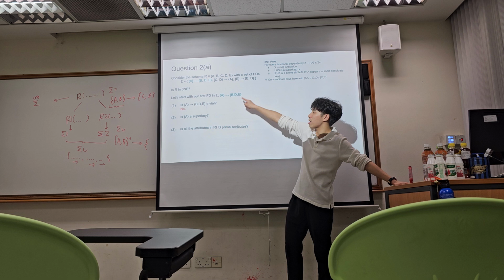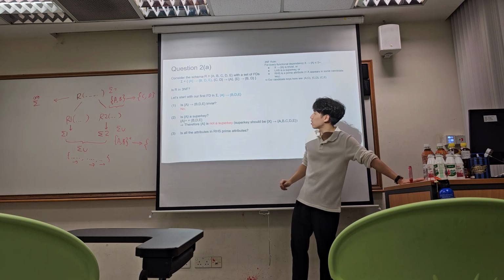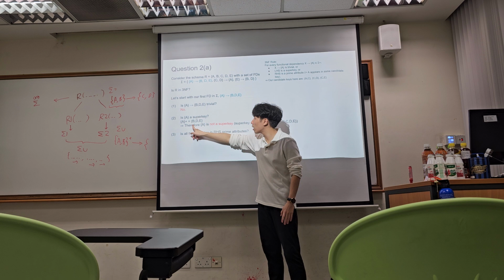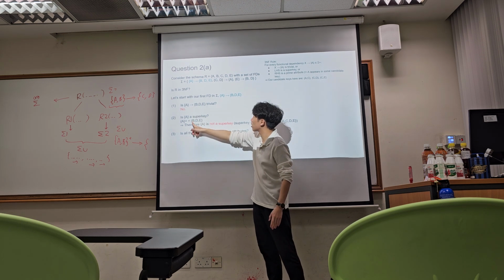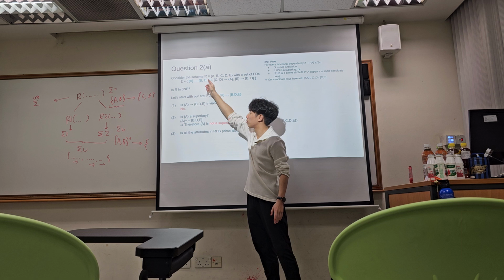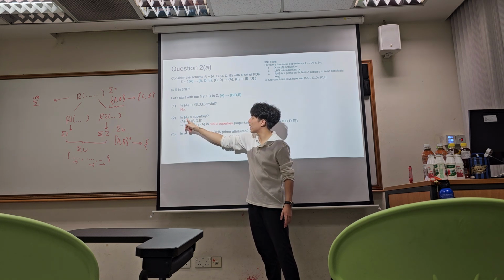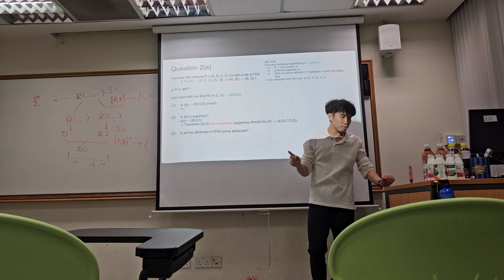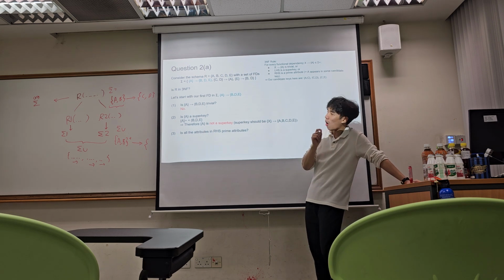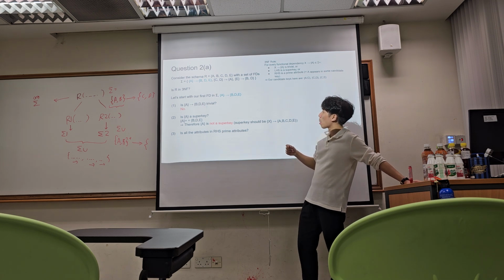Is this A a super key? Let's take the left hand side. Is it a super key? No. Why? Because when we find the closure, we will realize that it cannot derive all the attributes in the relation. So this A is not a super key. And the third one, are all the attributes in the right hand side prime attributes?